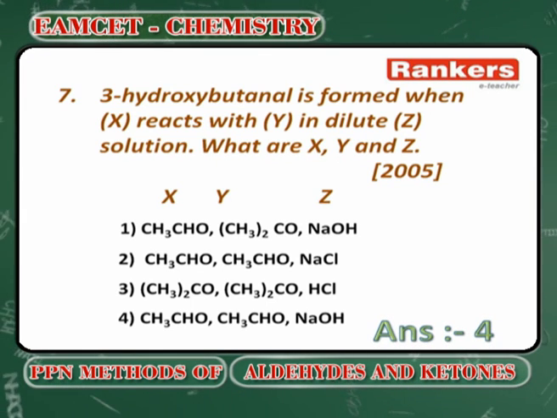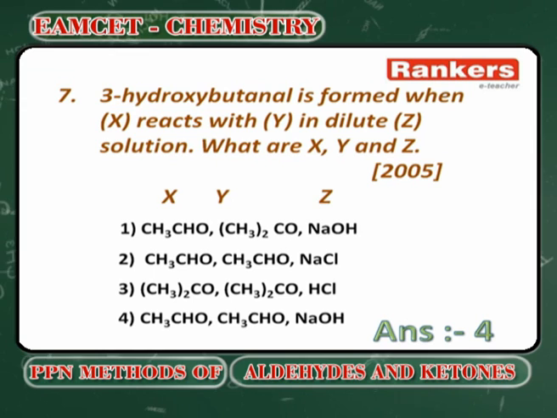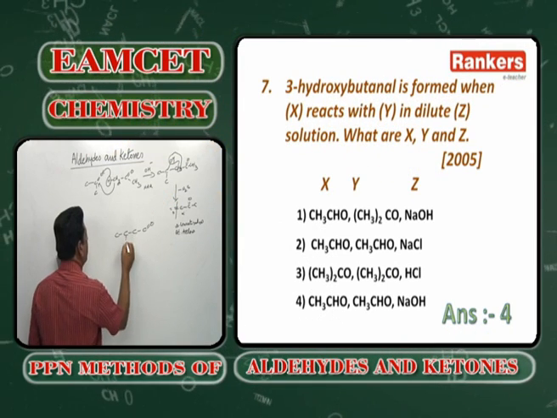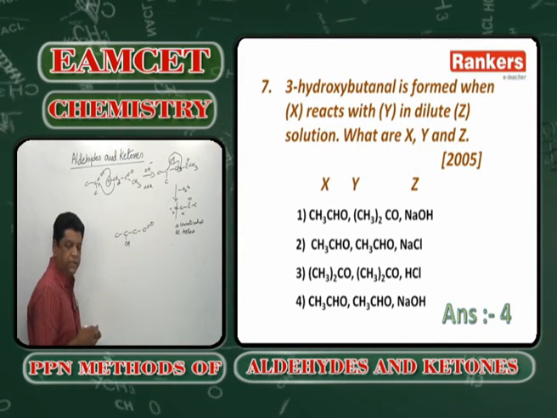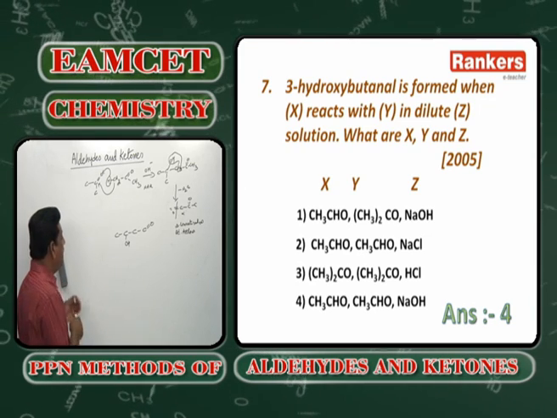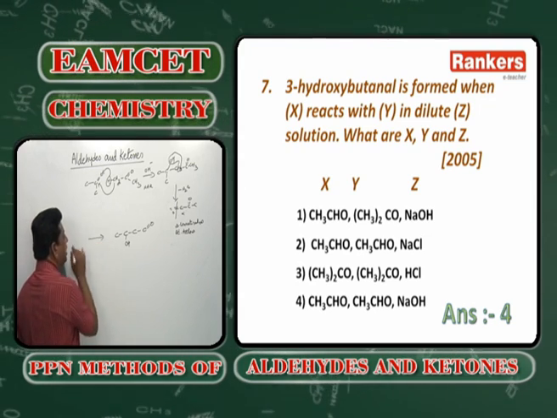3-hydroxybutanal is formed when X reacts with Y in dilute Z. Here you have to write the structure. What is that 3-hydroxybutanal? This is formed in an addition reaction.